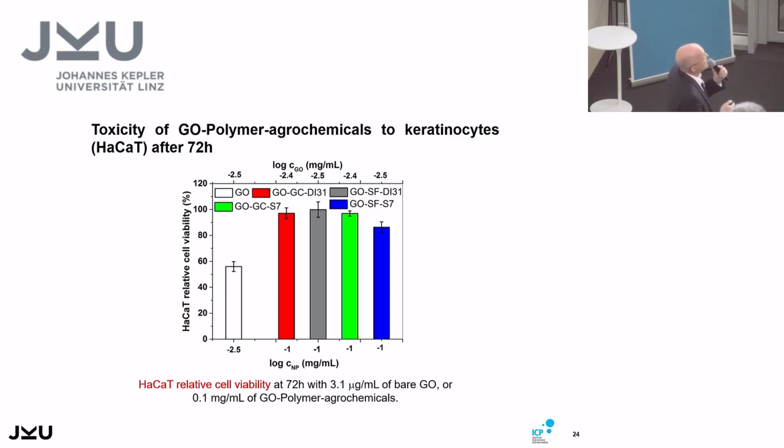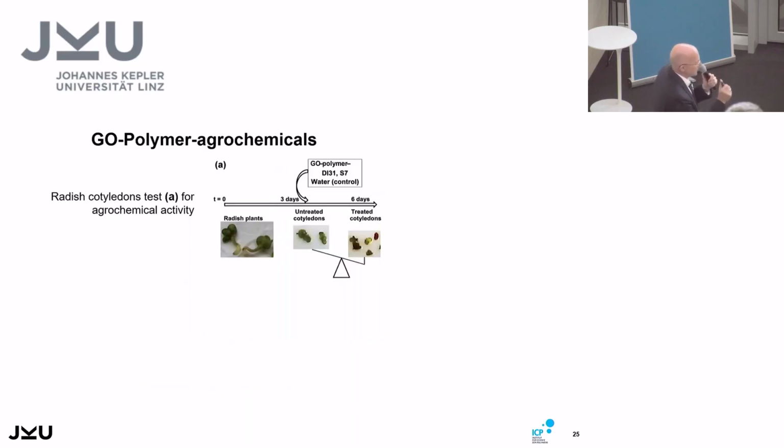So here it seems the whole composite material, graphene oxide, polymer GC, chitosan in other words, and the drug showed a higher viability, nearly reaching 100%, which is quite good. So the keratinocytes, which were investigated, survived quite well. It shows us they are relatively harmless, at least in these kinds of composites, where we have the three components, GO, the polymer, and the drug.